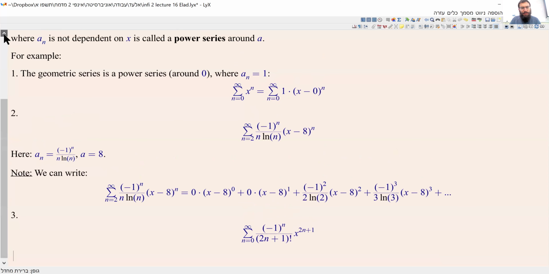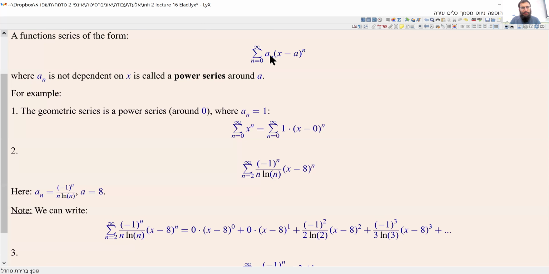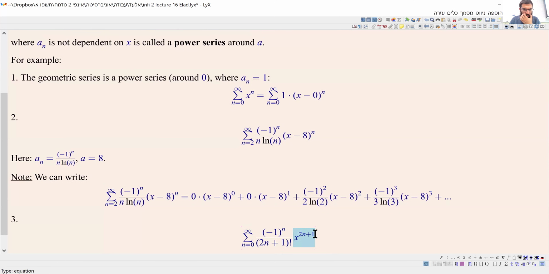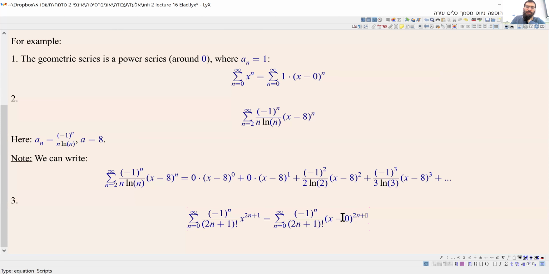Here, the difference between our series and the basic definition is the power. I mean, yes, you can write it down as (x minus 0) to the power of 2n plus 1. We already did it with the geometric series. We know that when it's only x, it means that the a is 0 in our definition. But how do we deal with the fact that the powers here are only the odd numbers?